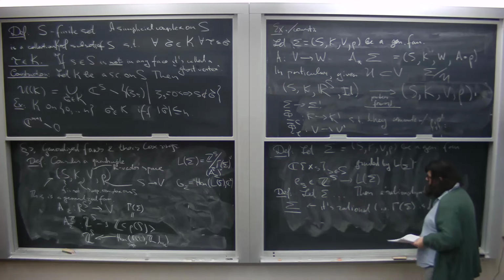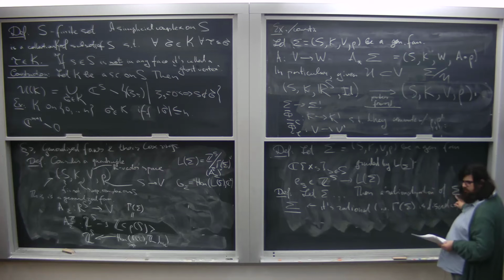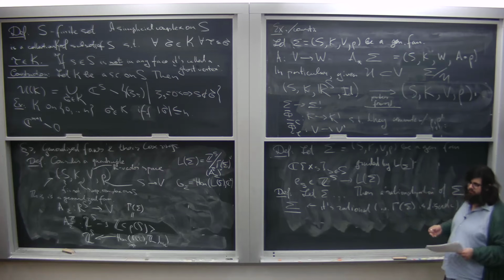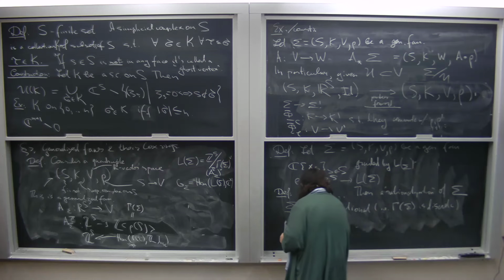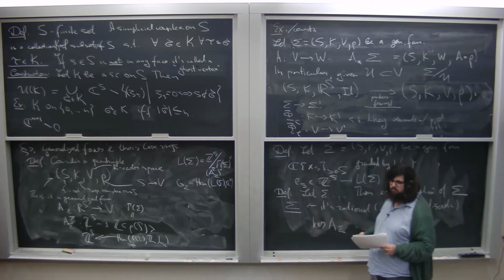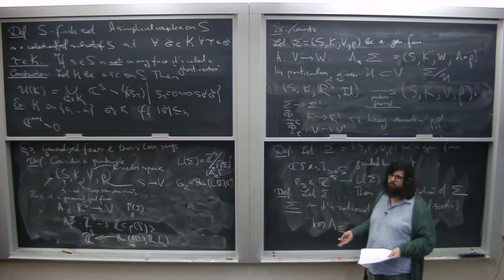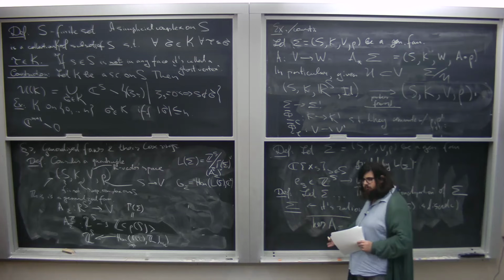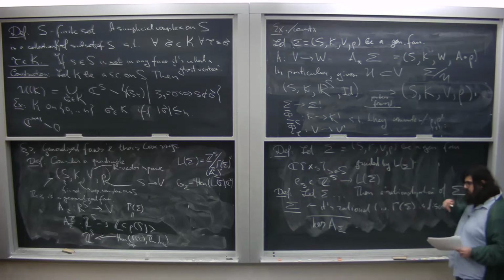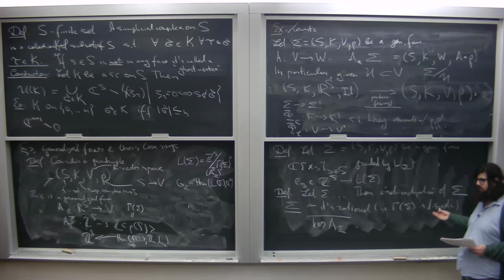And the way you construct it is very simple. If you have sigma, you have this operator A sigma, and this operator A sigma has a kernel. It's some real subspace. Then you can just take the smallest rationally generated subspace which contains this one, and then you take the quotient with respect to this subspace. This produces for you a rational generalized fan.